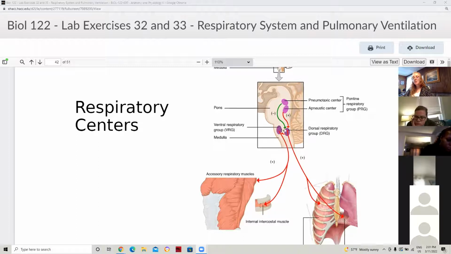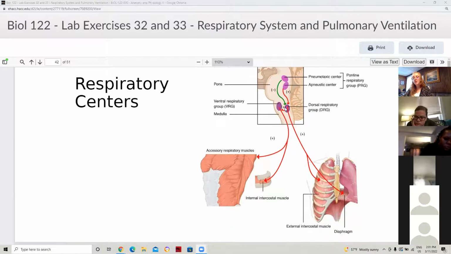One interesting thing that I learned about this is that your dorsal and ventral respiratory groups are what opioids work on. You've heard of people who have gone into an opioid overdose and died. What they do is they stop breathing, because opioids act on these groups right here.